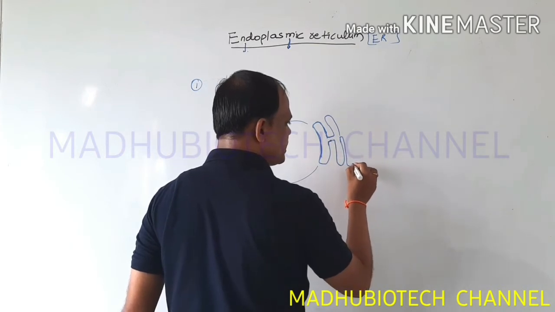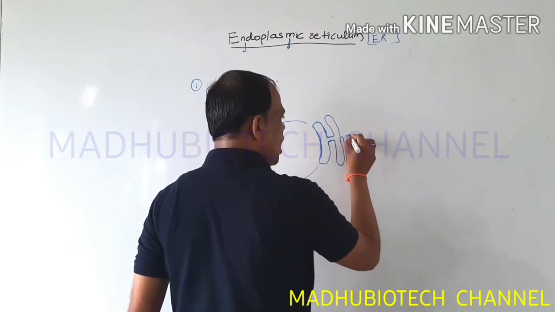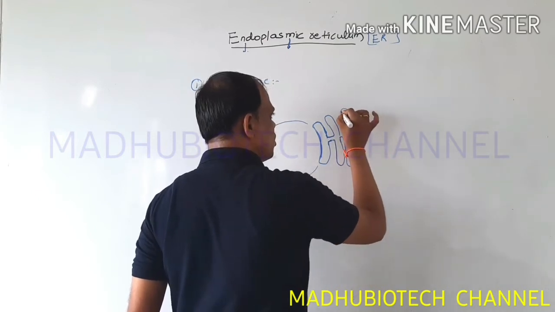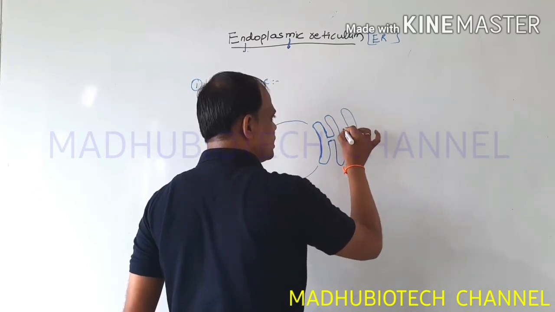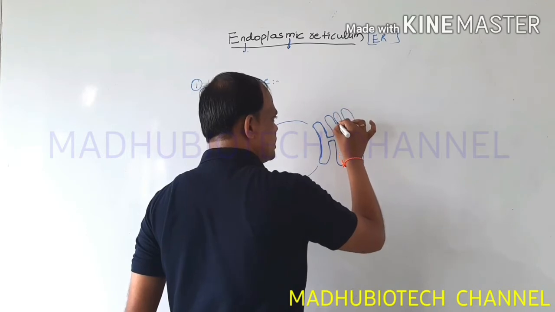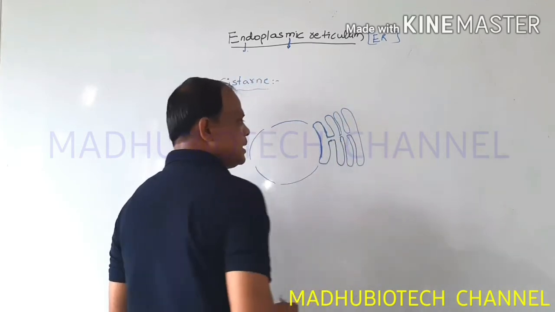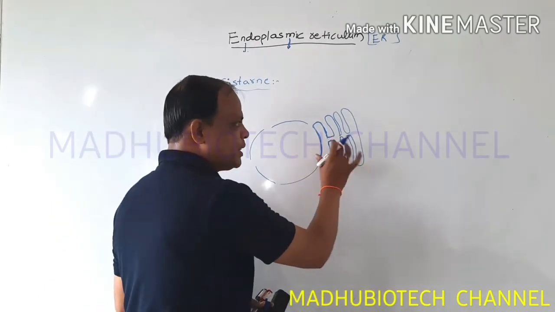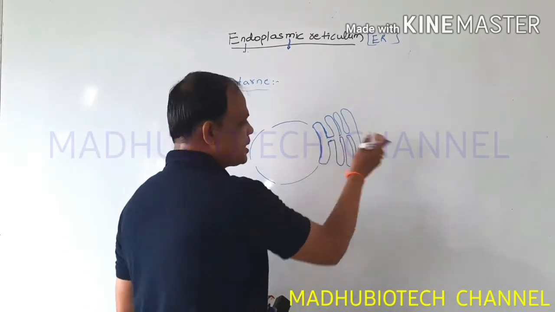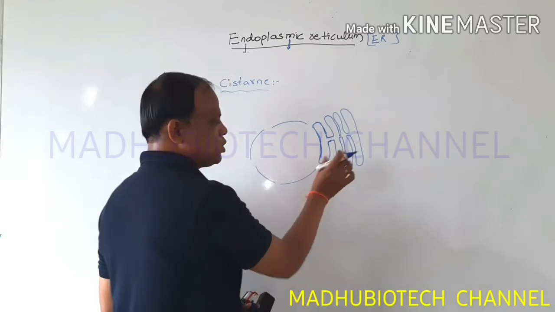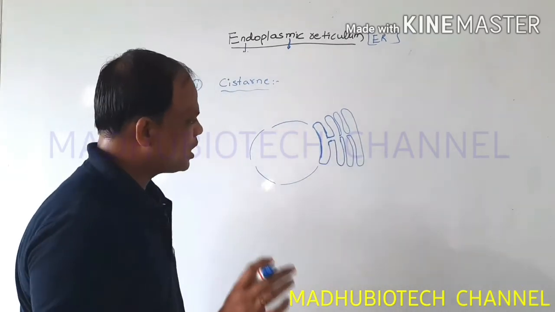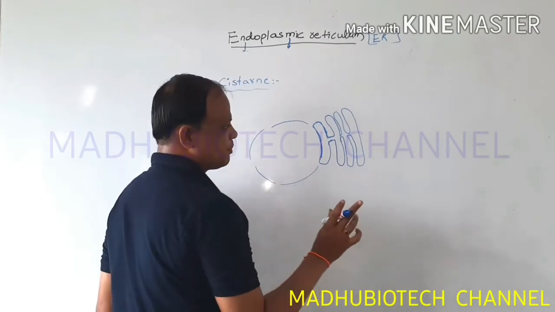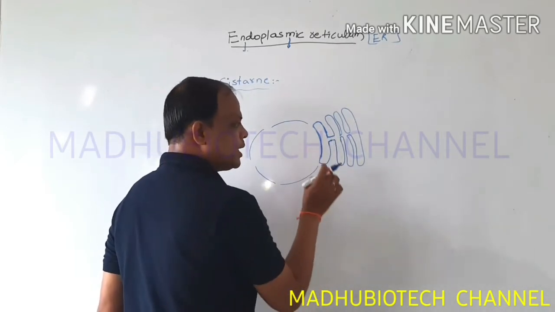These are elongated, hollow, unbranched, tubular structures, also called cisternae. The cisternae are interconnected with each other and lie close to the nuclear membrane.